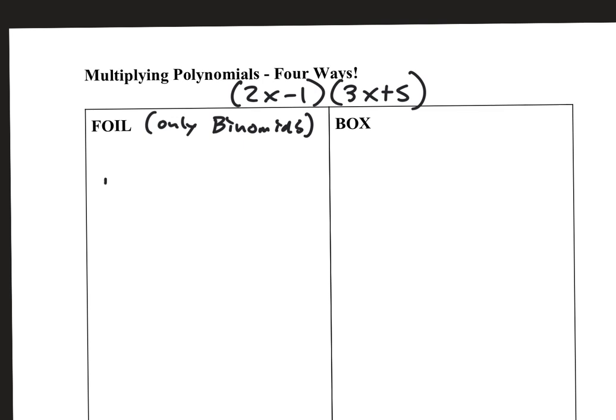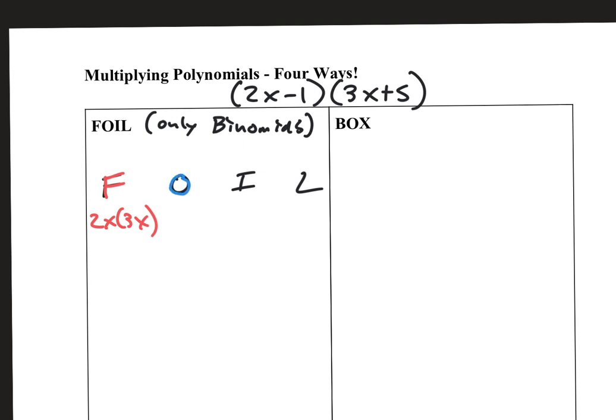So FOIL is just an acronym. It stands for first, outside, inside, last. And what do I mean by that? I mean, what are the first 2 terms? Well, the first 2 terms are 2x and 3x. Do you see how it's the first here and the first there? Okay. What are the outside terms?